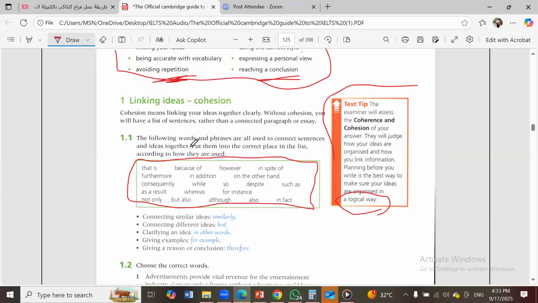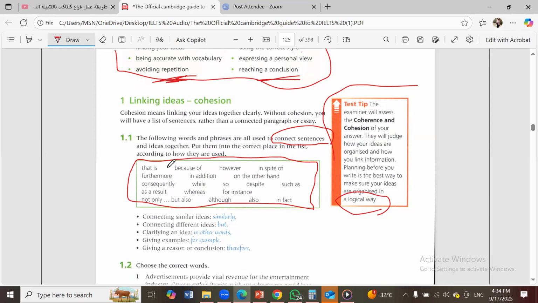Okay. The following words, what are these phrases? They are all used to connect sentences, so they are called connectives, to connect sentences with ideas together. Put them into the correct place in the list.